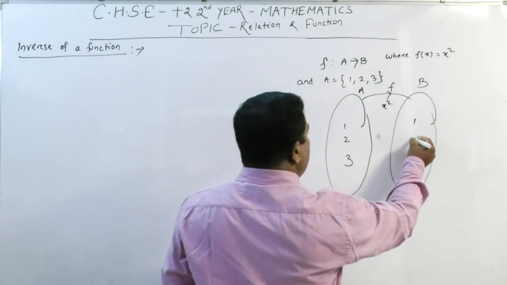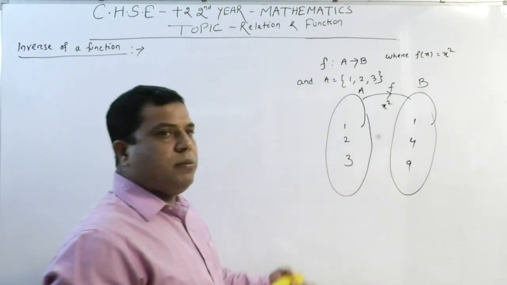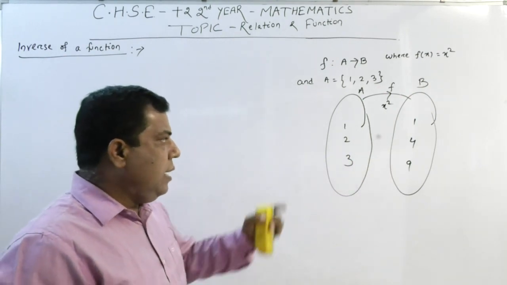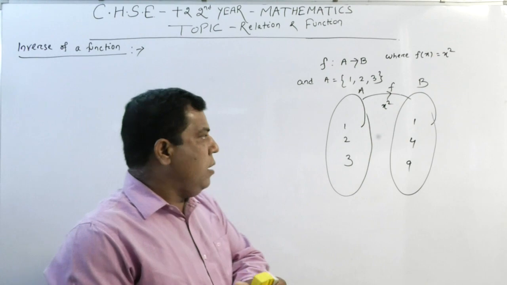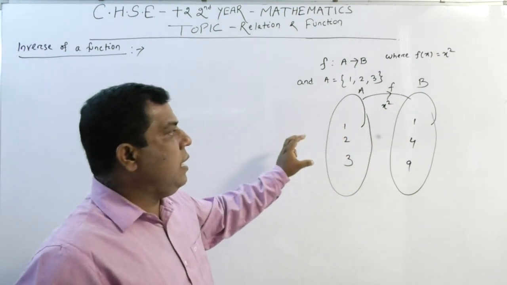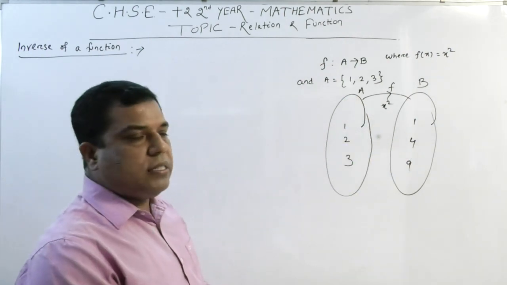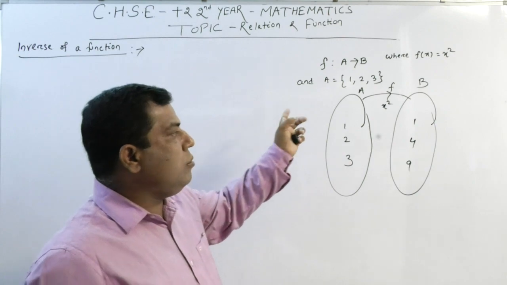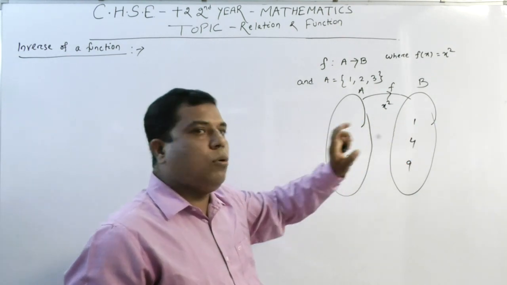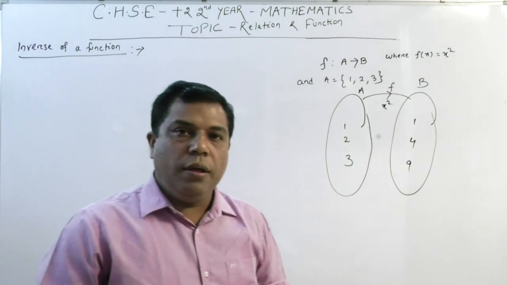Now 2 square has the output 4, 3 square has the output 9. The codomain set B may have some other elements, but let us take a simple example. In this way the elements of the domain set are converting to their images, their functional values, as per the rule x square: 1 is converting to 1, 2 is converting to 4, and 3 is converting to 9.